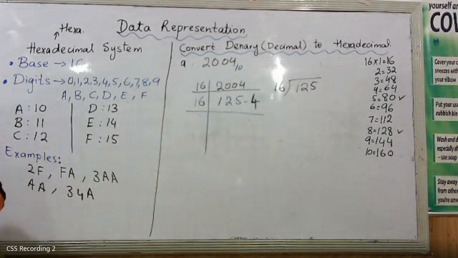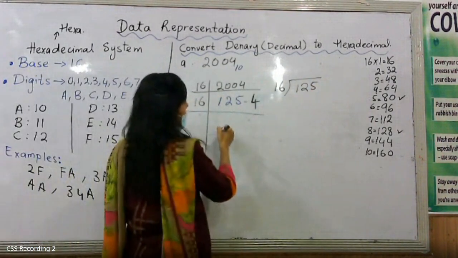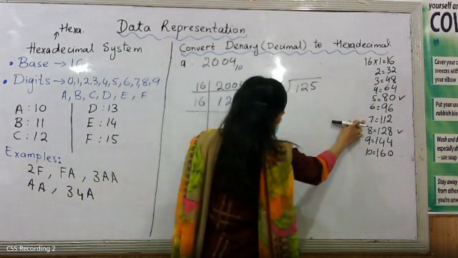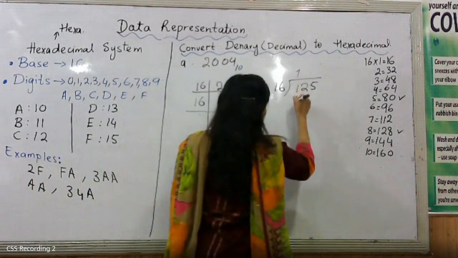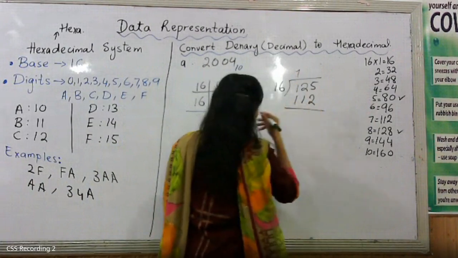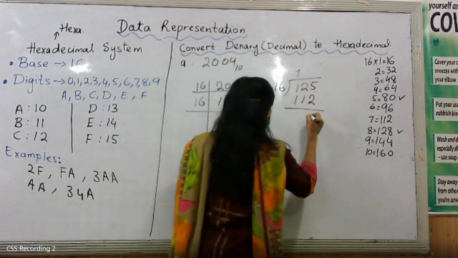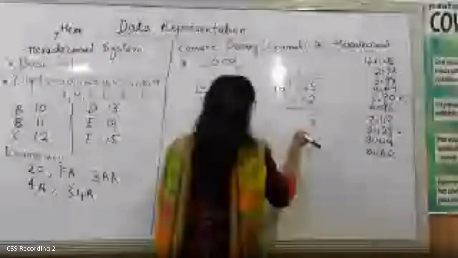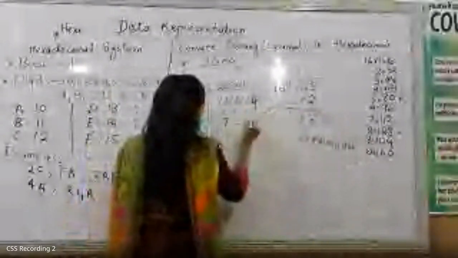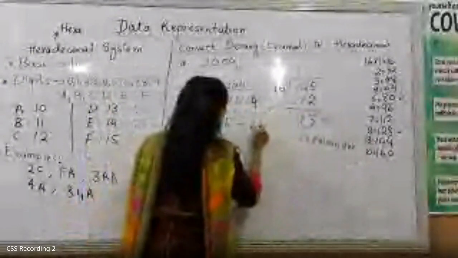We will get the answer 7 times: 7 times 16 is 112, right? 125 minus 112, that is 13. So 7 times 16 is 112, and the remainder is 13.